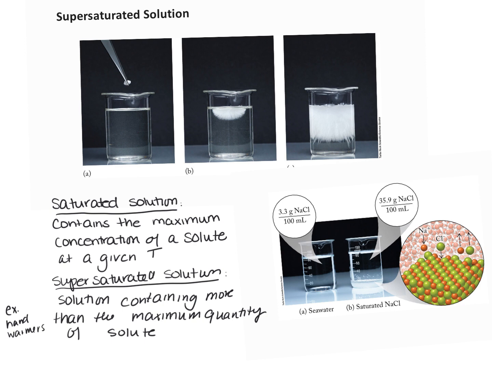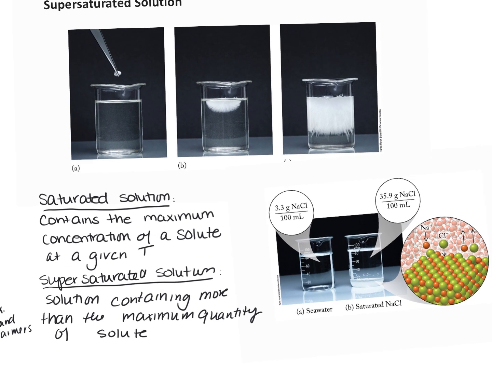So I want to talk to you a little bit about some of the things that I've got for you here. This is an example of seawater versus saturated NaCl. Seawater has 3.3 grams per 100 milliliters of water, and that's its concentration.